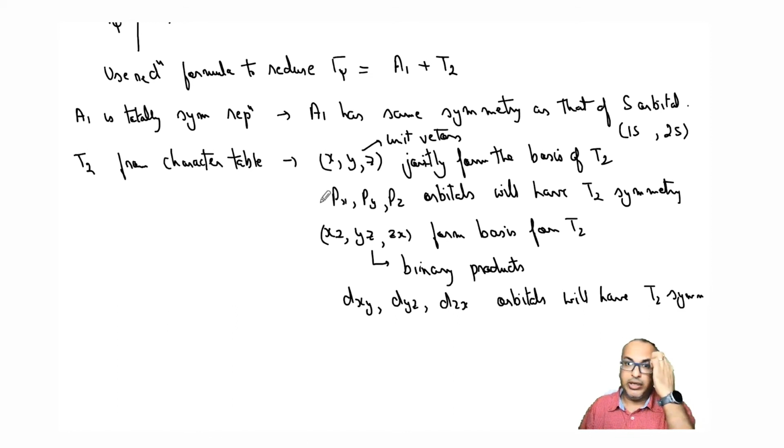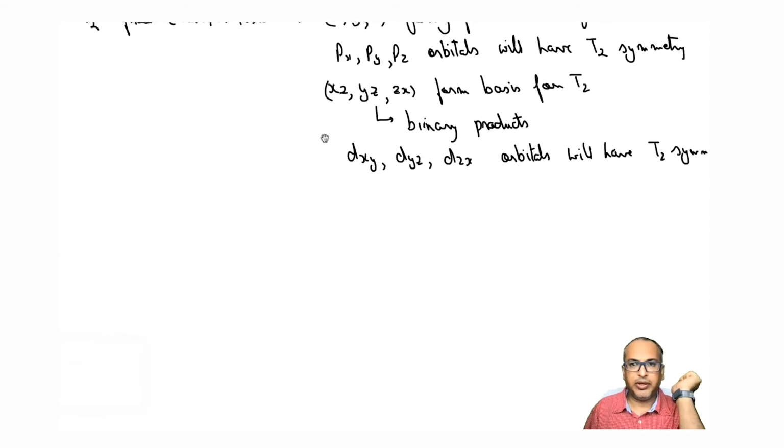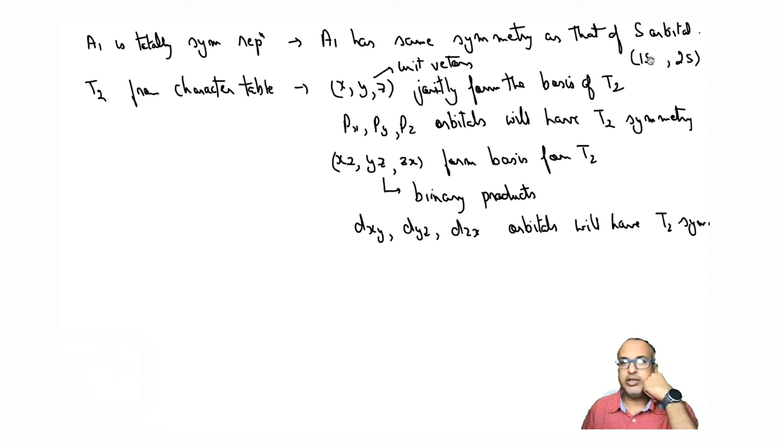Okay, now there is a confusion between what to combine. So let us say what we have. We have principal quantum number 1, which has 1s, then we have 2s and 2p. So we have 2s orbital here and 2px, 2py, 2pz orbitals here.